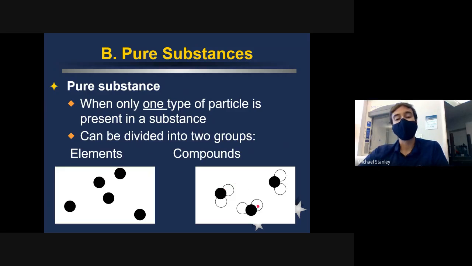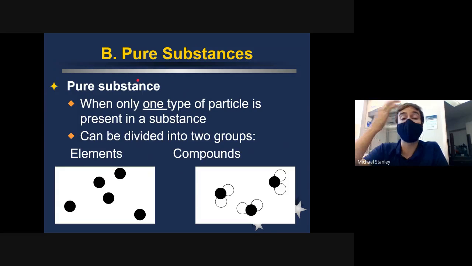Each one of the particles in our little picture here looks the exact same, right? They're all like twins of each other. All of them are one black and two white particles bonded together. So we've got this guy and this guy and this guy, and they're all the same. Because these are all the same, that is what makes them a pure substance.